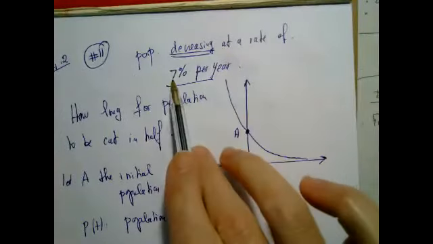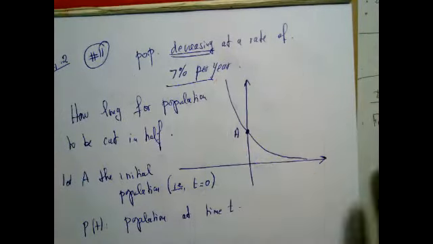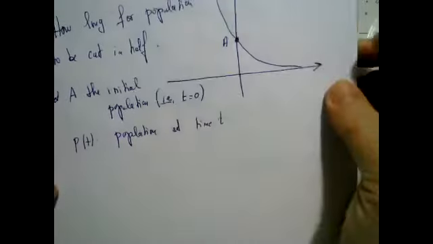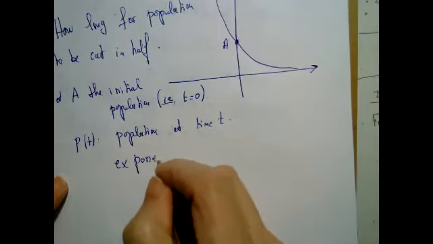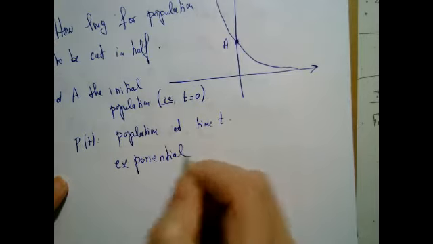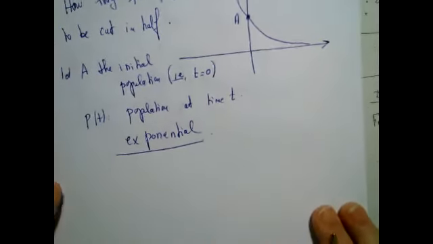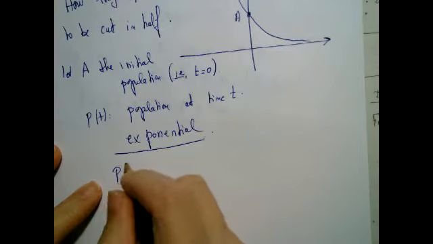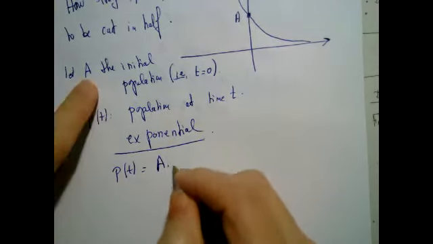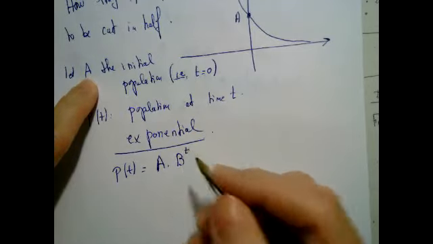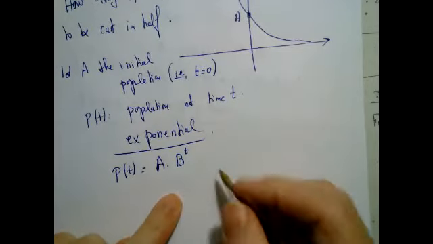This is a population which is decreasing at a rate of 7%. So P of t, because it's decreasing by the same percent, is an exponential function. So what's the formula for P of t? It's A times B to the t, where B we have to figure out. But what is B?